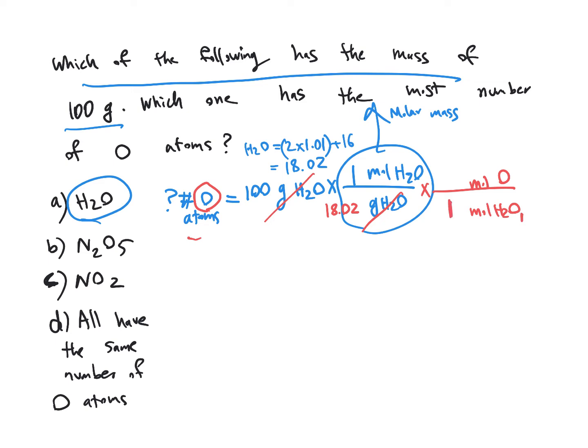In 1 mole of H2O, you have 1 mole of oxygen, right? Whatever this number here is for oxygen. If I were asking for hydrogen atoms, it would be 2, okay? And now you can convert moles of oxygen to number of oxygen atoms by Avogadro's number, right?